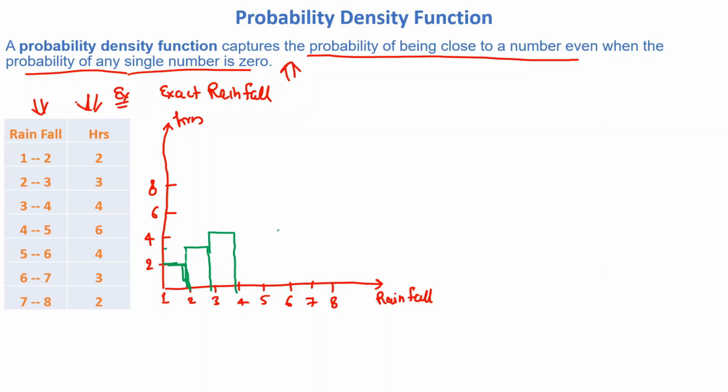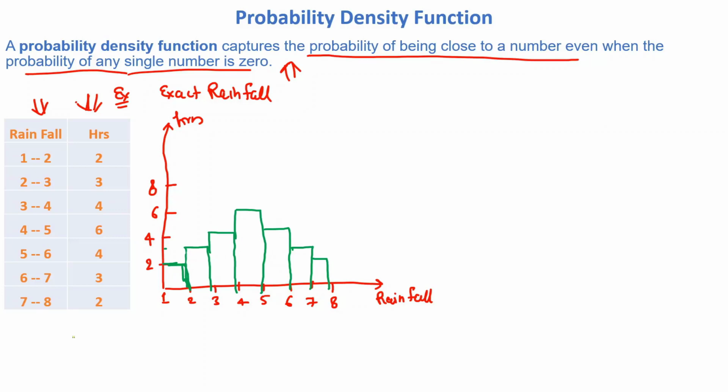Then 4 to 5 we have 6 hours. 5 to 6 we again have 4 hours. 6 to 7 we have 3 and 7 to 8 we have 2. So this is the distribution we have. This frequency distribution we draw using a histogram.